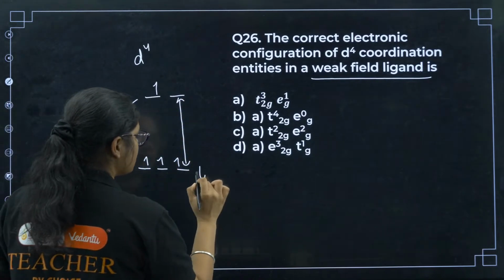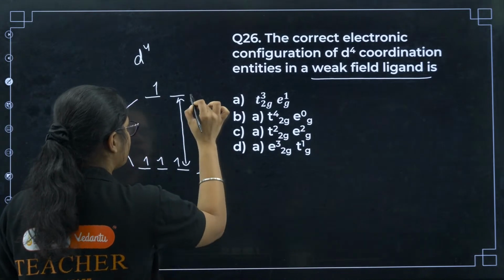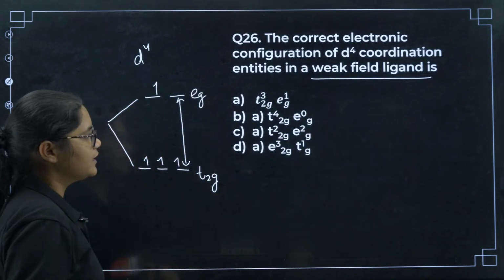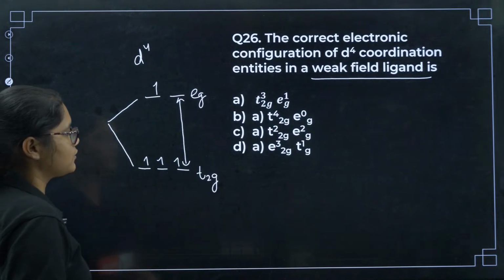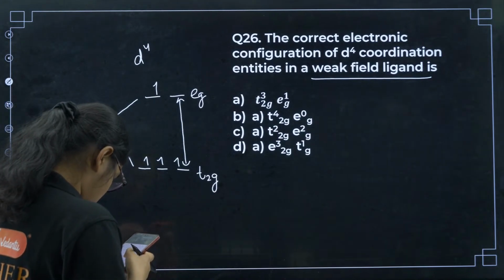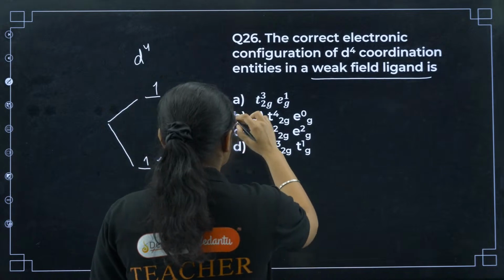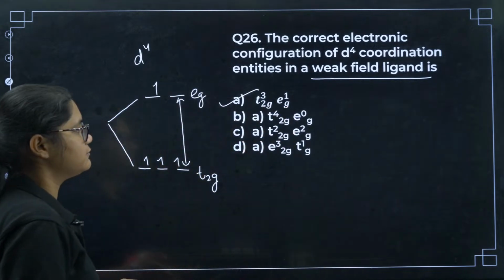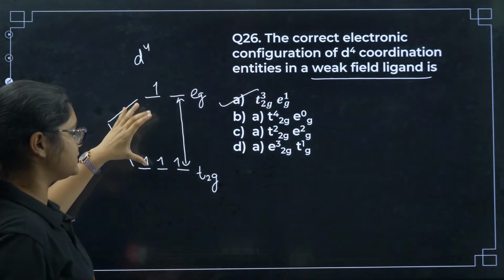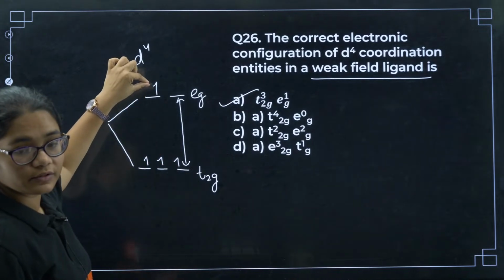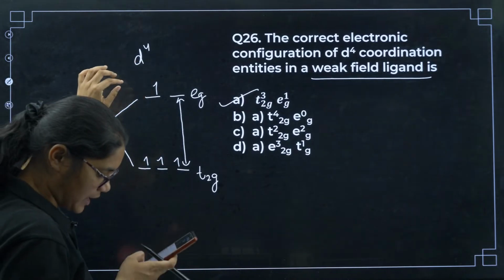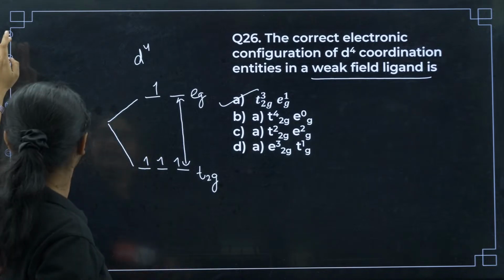So, it is t2g and this is eg. So what is the configuration? 26A is the correct answer. t2g3, eg1, right? Weak field ligand, splitting is less, so easily the electron will go to the higher energy level. Yes, A is the correct answer.